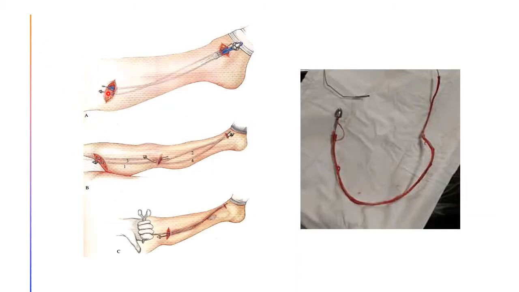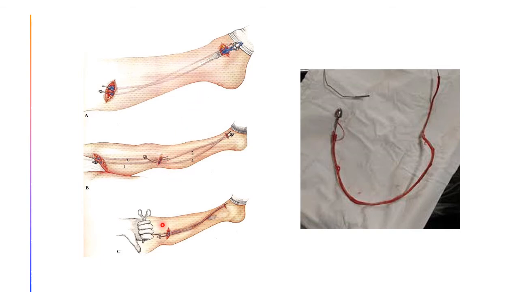This slide shows you the stripping of the long saphenous vein from the calf down to the ankle. A small incision is made here and the long saphenous vein is identified, a cut made, and the stripper introduced. The head of the stripper is then fixed here and it is tied.